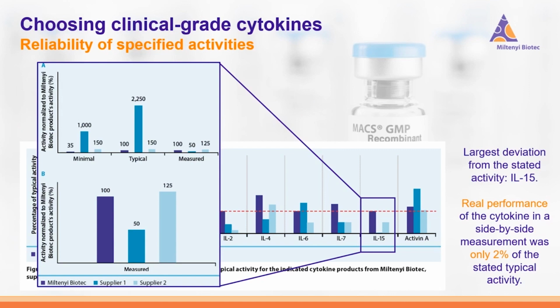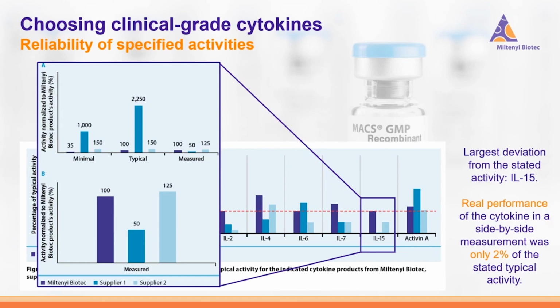If you look at the left-hand side on the upper graph, you can see a representation of the minimal and typical activities claimed for 3 different IL-15 products. And on the right-hand part of the graph, you can see the actual measured activity values. These are all relative values, and we have normalized them to the typical activity of our max GMP IL-15, which we have used as a reference in these experiment sets.